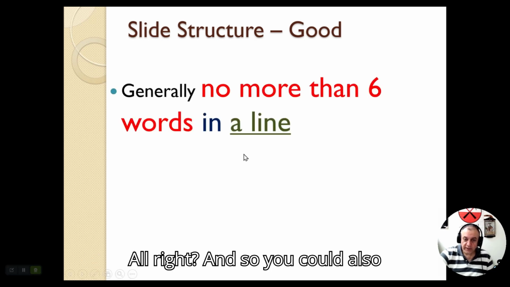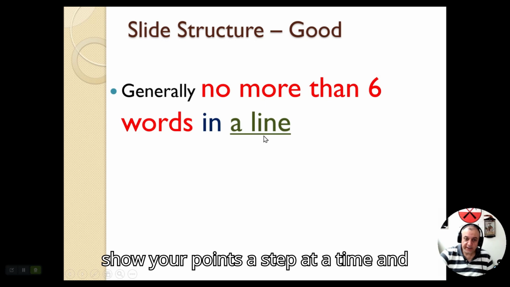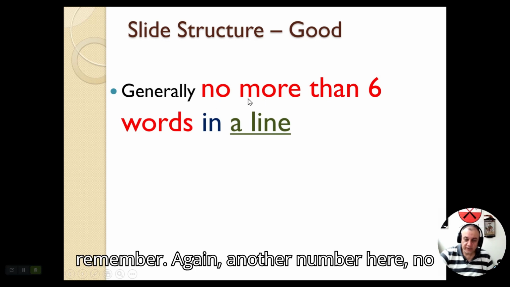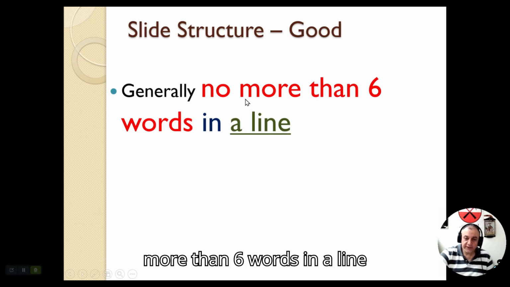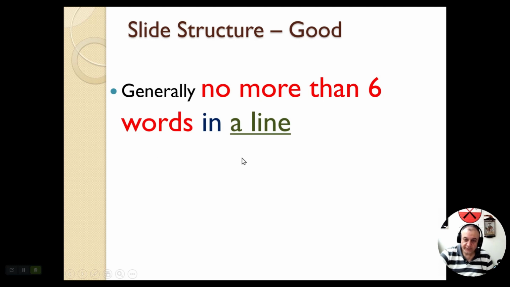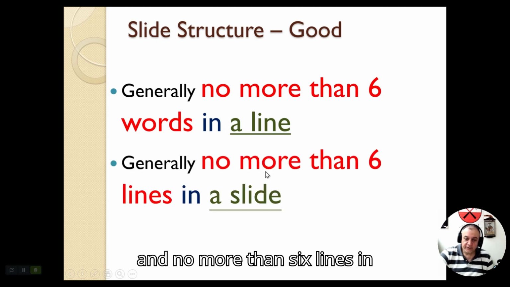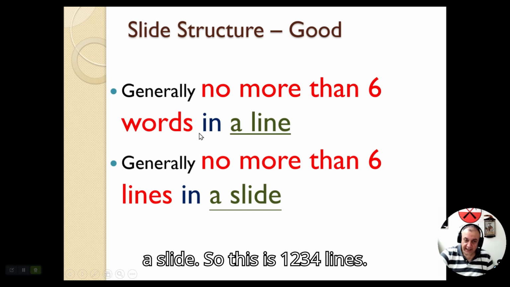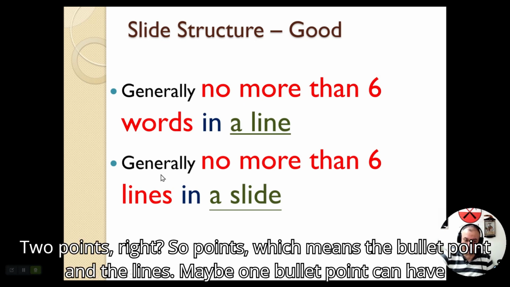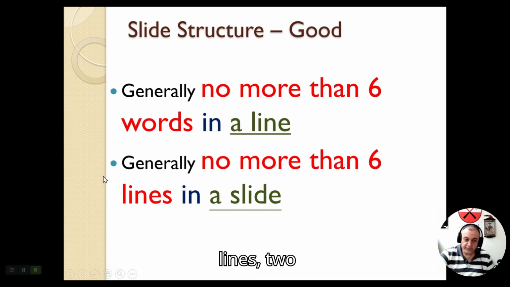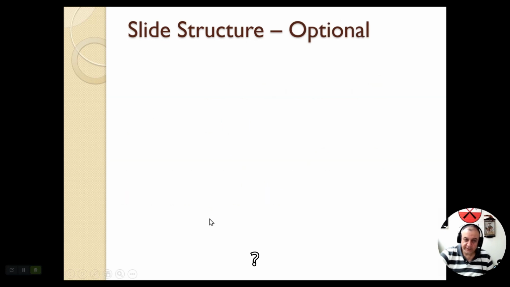And so you could also show your points a step at a time. And remember, again, another number here, no more than 6 words in a line, and no more than 6 lines in a slide. So this is 1, 2, 3, 4 lines, 2 points, right? So points would mean the bullet point, and for the lines, maybe 1 bullet point can have 2 lines, right?